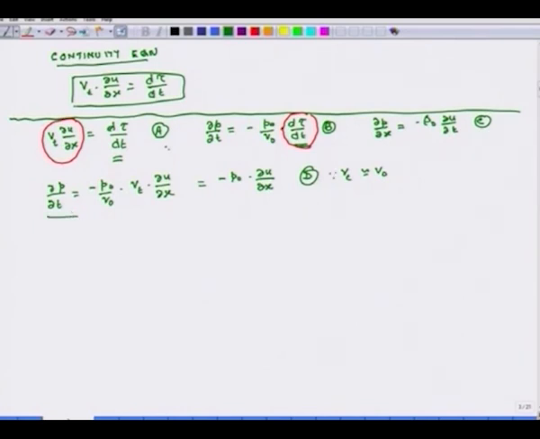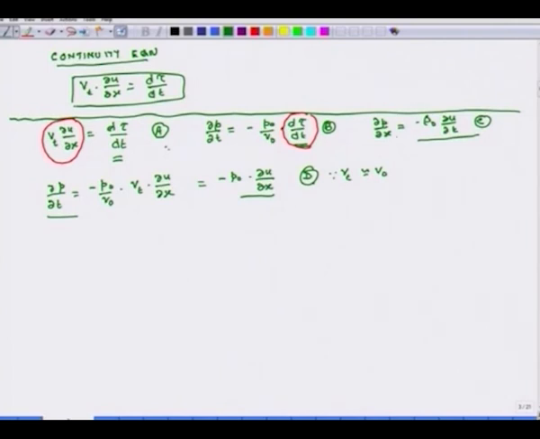Now, what we do is we differentiate D with respect to t. So, we differentiate this relation with respect to time, and then this relation with respect to x, and then we again try to eliminate u from these two relations.